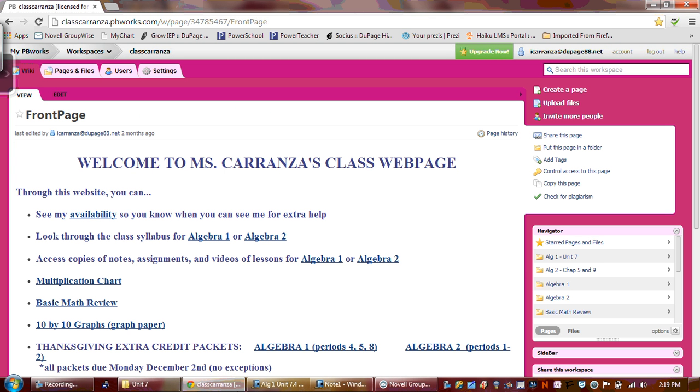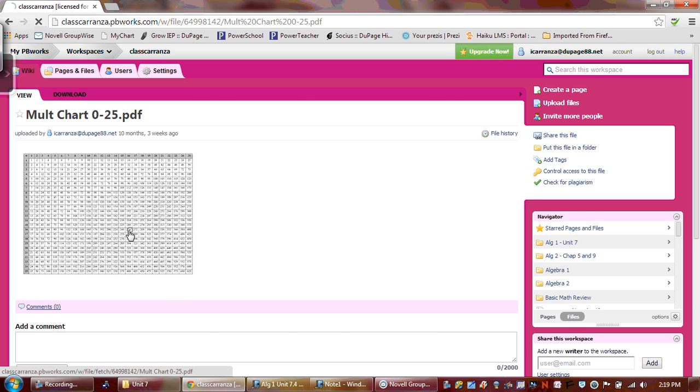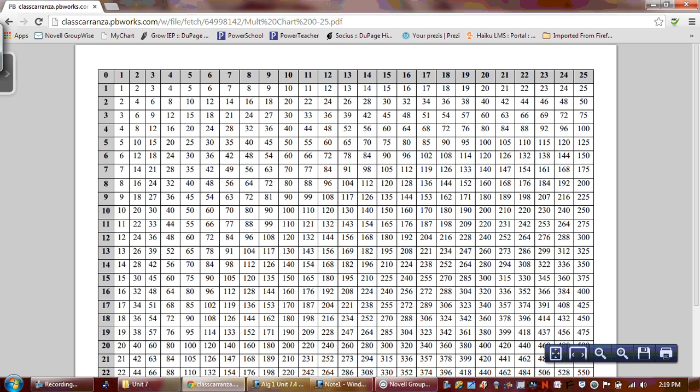Do you have a multiplication chart? Yeah, you do. Look, I'm at the website. You can click right here and boom! Multiplication chart. Okay? So all you're doing is trying to find 20. So there's 1 and 20, 2 and 10, and when you come across 3, see how it doesn't go in evenly.